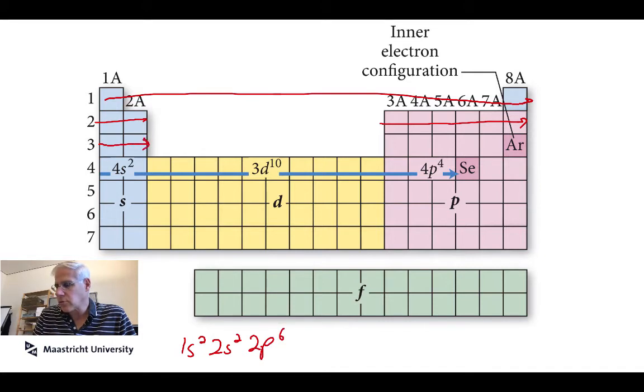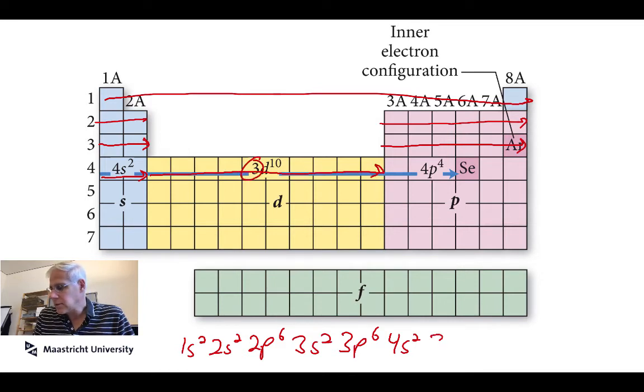I have to go all the way through the 3s block, 3s2, all the way through the 3p block, 3p6, and now I'm down to the 4s, so 4s2, and now I'm in the D block, and so that becomes 3d10, okay, and then I finish in the 4p, and I have to go 4 over, so 4p4. Okay, so that's how we can use the periodic table to tell us exactly what the electron configuration is going to be for a given element.